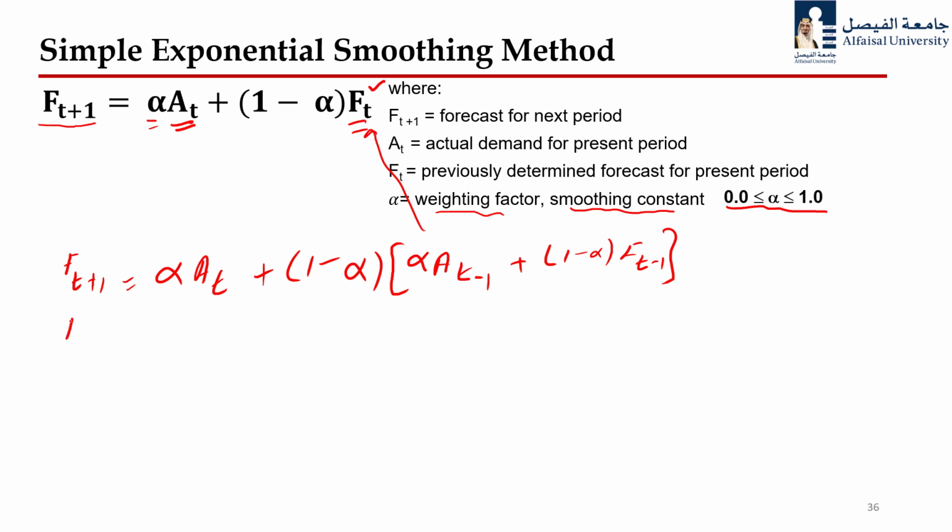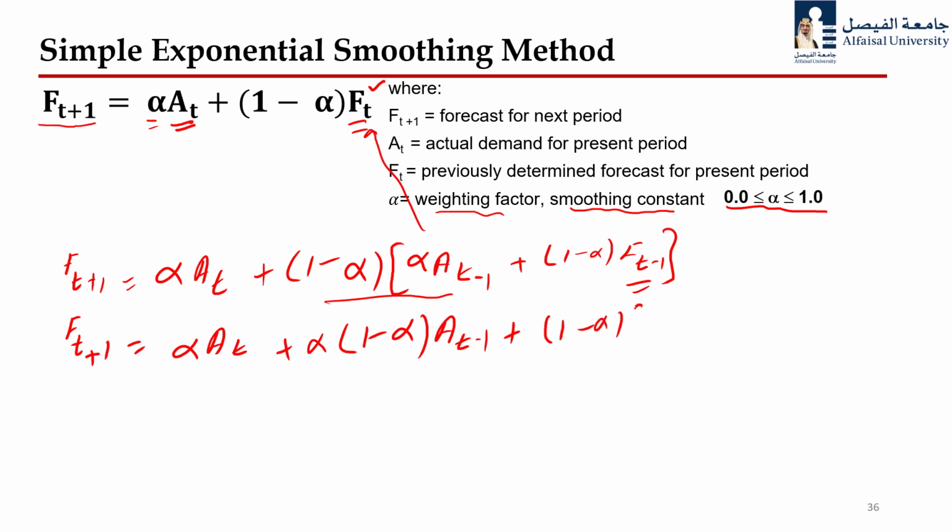Furthermore, if we write the formula for F_(t-1), then multiplying through, F(t+1) is alpha A_t plus alpha (1 minus alpha) A_(t-1) plus (1 minus alpha) squared times F_(t-1), and instead of F_(t-1) we again use the simple exponential smoothing formula, alpha A_(t-2) plus (1 minus alpha) F_(t-2).